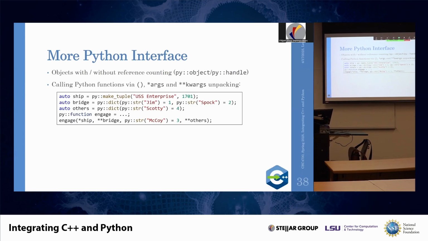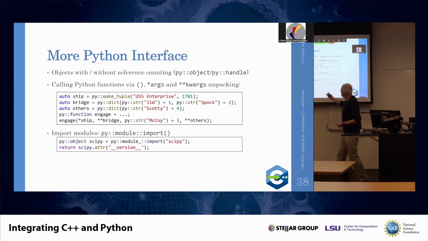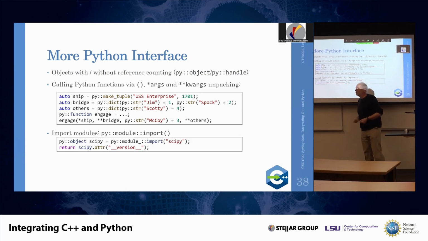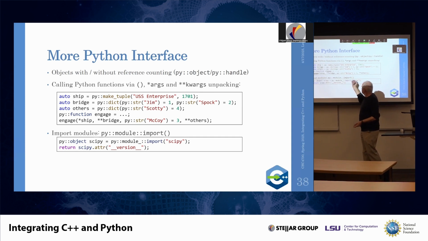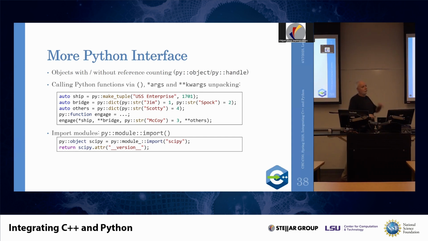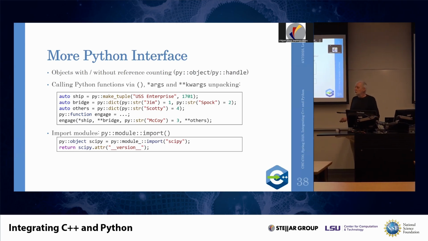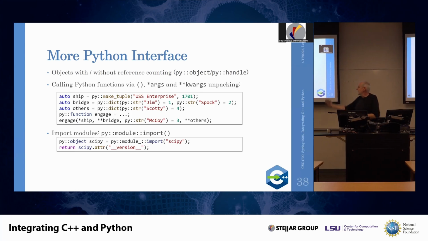Same works on the C++ side. I can import SciPy. Hey, let's import SciPy and call a function from SciPy. Just like that. So you say, okay, please import that thing which exists somewhere in the Python world and then call a function on that thing. So you can integrate arbitrary Python code into your C++ side easily by doing that.